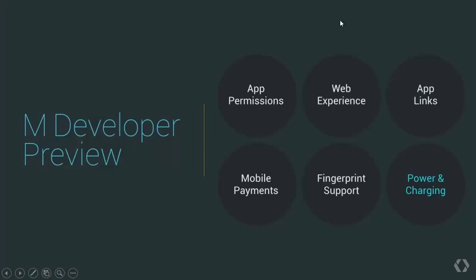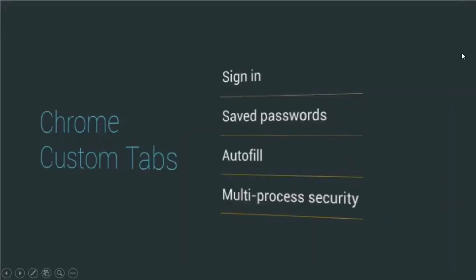Second thing, they claim they have improved the web experience. Till now we had some problems while accessing web pages from the apps. What Google has done is they have introduced something called Google Chrome custom tabs. Using the Chrome custom tabs, we can build web pages within the apps.